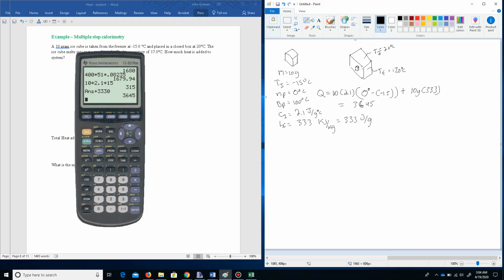So our total heat change in the ice is going to be the 3645 plus now our change for the liquid to increase to 17 degrees. So that's going to be a mass of 10. Water is 4.2 joules per gram Celsius. And then the temperature is going to be 17 minus 0.